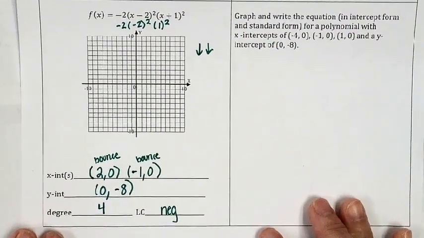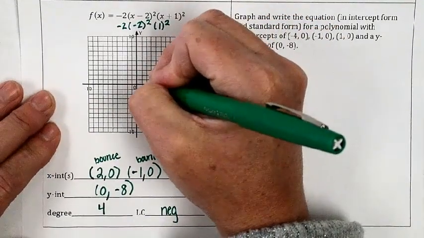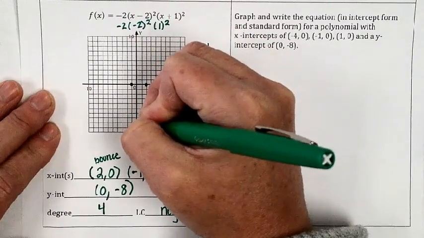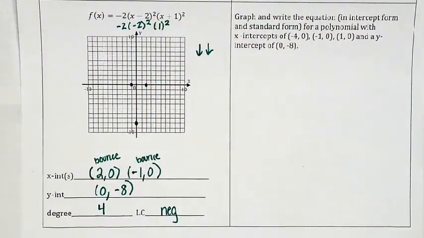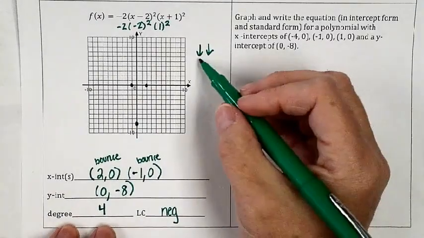Alright, so let's plot intercepts. So 2, 0, negative 1, 0, and 0, negative 8. Since it's a degree of 4, we're going to have three turns here. So I need to start by going down.